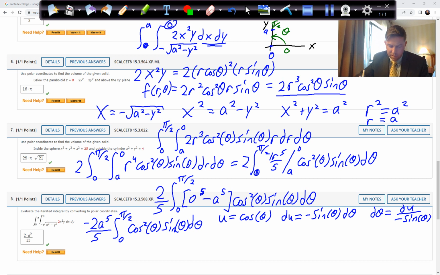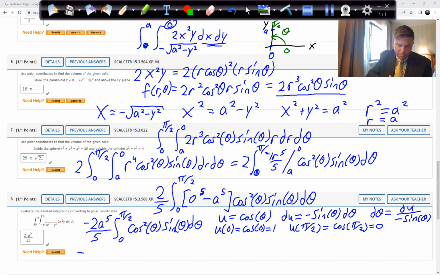And when we plug this in, I guess I'll change the limits of integration. So u of 0 would be cosine of 0, which is 1, and u of pi over 2 is cosine of pi over 2, which is 0.